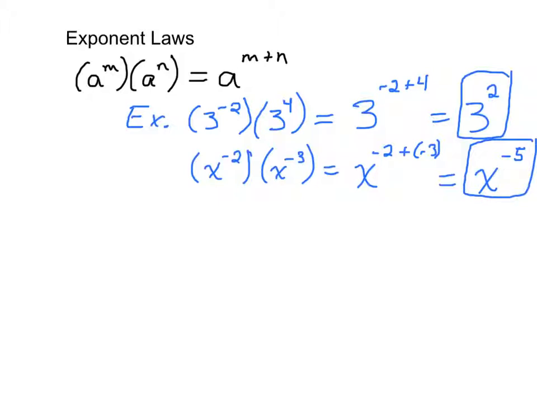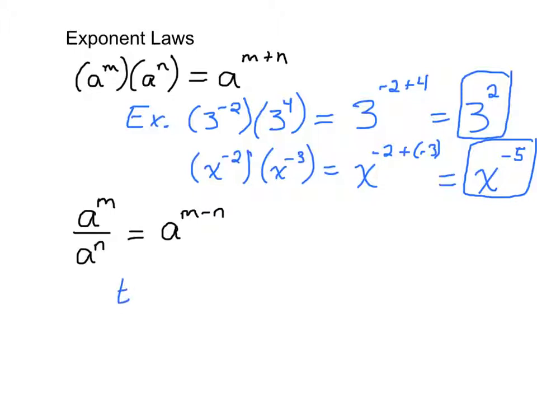The second exponent law is called the quotient of powers, and it is where you have a power divided by another power, and they have the same base. If that's the case, then you can combine them into one power by subtracting the exponents and keeping the same base.